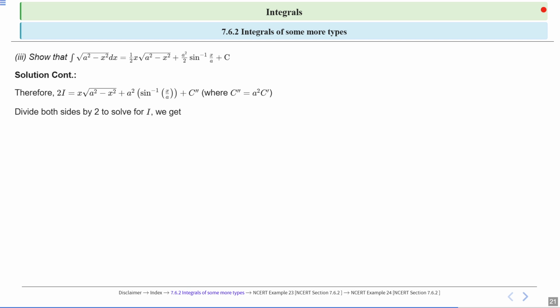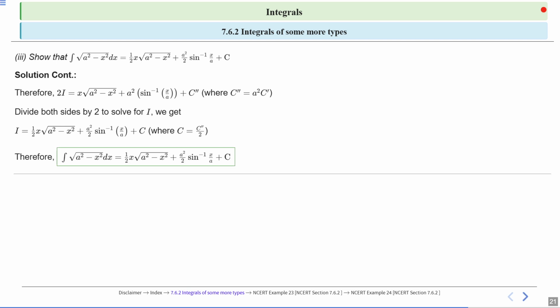Dividing both sides by 2 to solve for I. So I is equal to x by 2 into root under a square minus x square plus a square by 2 sin inverse x by a plus constant of integration, where c is a new arbitrary constant and c is equal to c double dash by 2. Therefore the integral value of integration of root under a square minus x square dx is x by 2 into root under a square minus x square plus a square by 2 sin inverse x by a plus c.